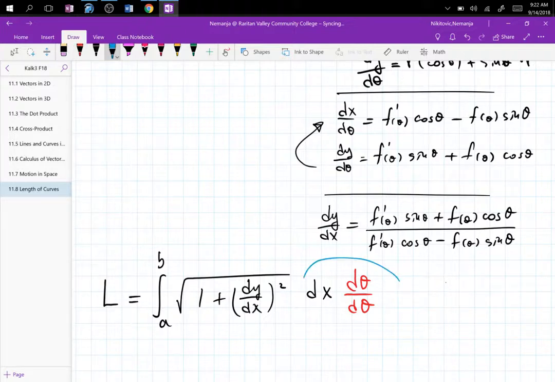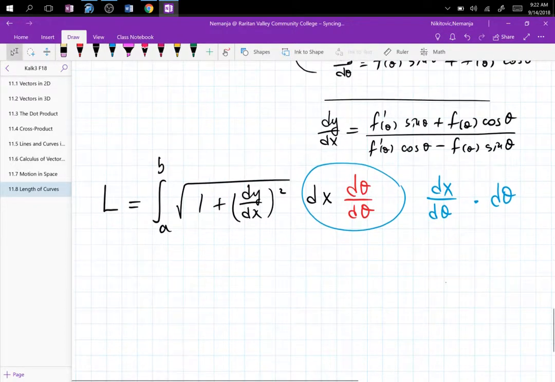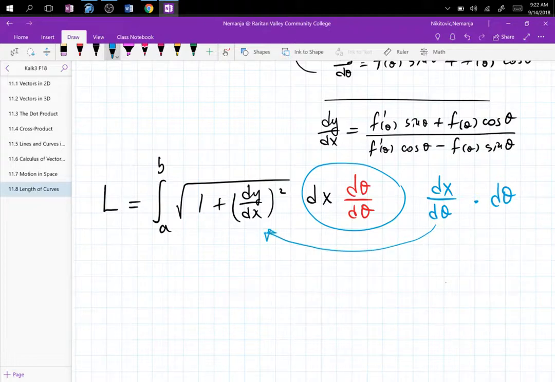And as I did the bubble before, rewrite this as dx d theta times d theta, where the dx d theta is going to go inside the integral and d theta is going to stay on the outside.